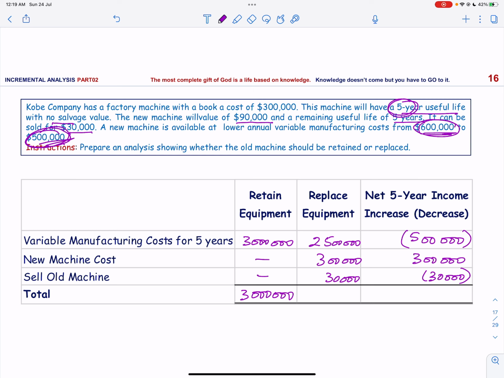So over here, if we replace, the total will be 2,770,000, and we can see that this will be 230,000.